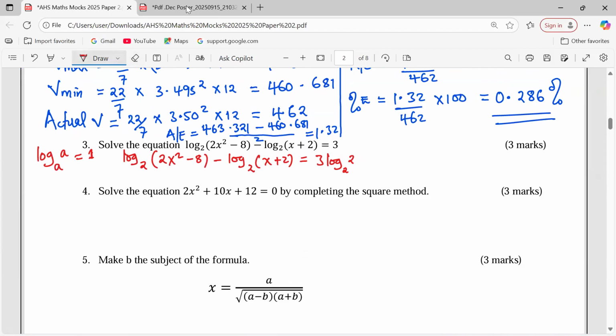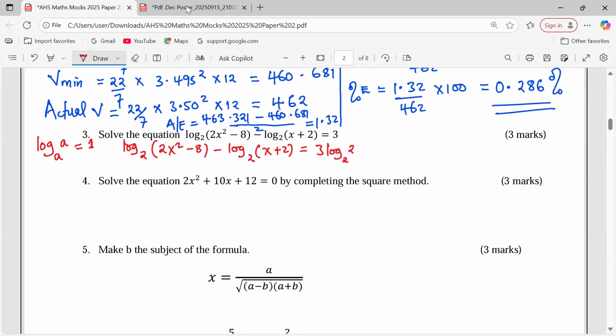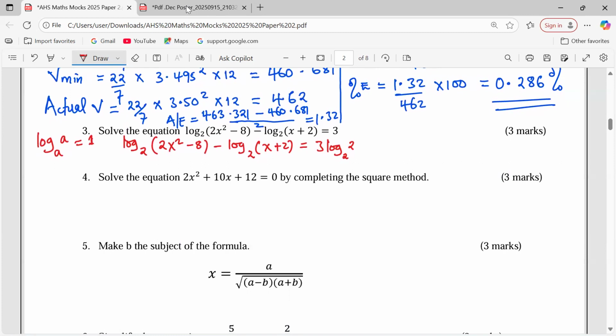At this point, we can apply a few other laws. For example, when we take the log to base 2, we should be able to divide 2x squared minus 8 by x plus 2.